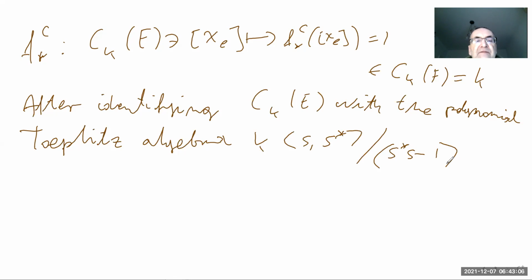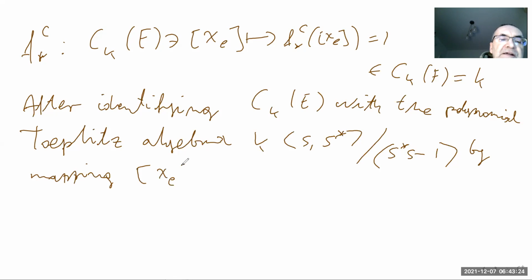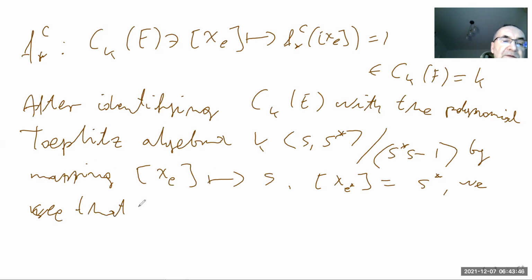Okay. So after identifying this conpath algebra with the polynomial Toeplitz algebra, which we can do by mapping in the obvious manner the class of chi E to S and the class of chi E star to S star, okay, we see that this map F star C is simply the evaluation at 1, which means that when we have any polynomial in S and S star, what happens is for both S and S star, you plug in 1.